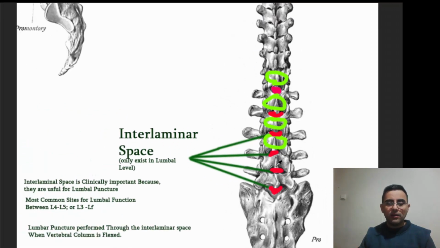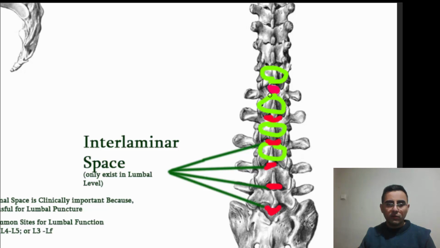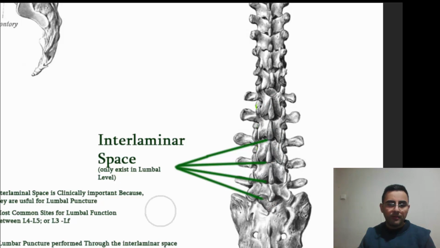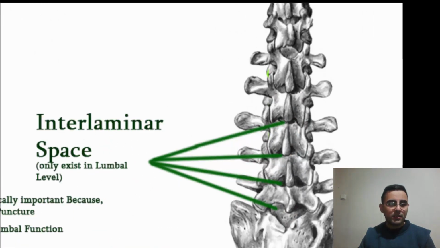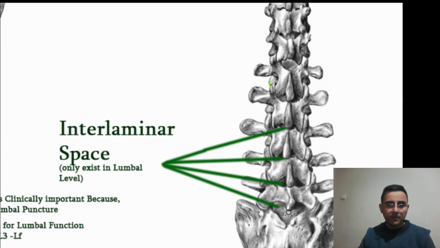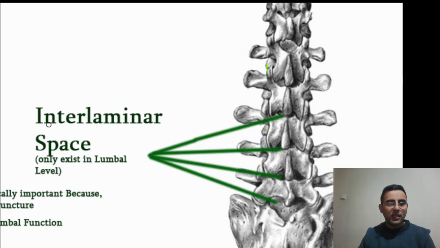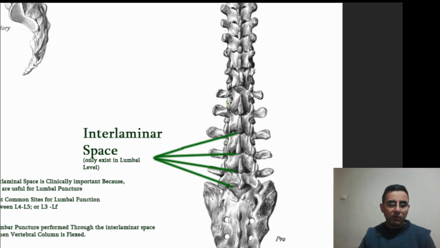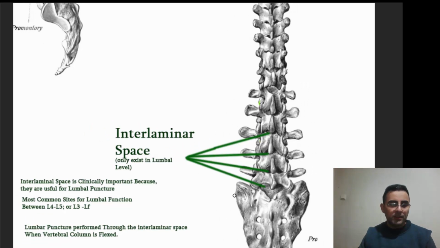These spaces are only between lumbar vertebrae, not other, only lumbar vertebrae. So we can use this space for injection or needle approach, and these spaces are called interlaminar space. They exist only at lumbar level, as I said, and this interlaminar space is clinically important for puncture.